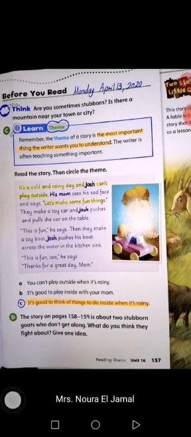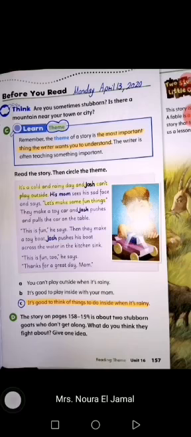So here, it's a cold day, and Josh can't play outside because it's rainy. And his mom suggests that they can make fun things to do inside the home, and she told him that they can make a toy car, and Josh pulls the car and pushes it to play.